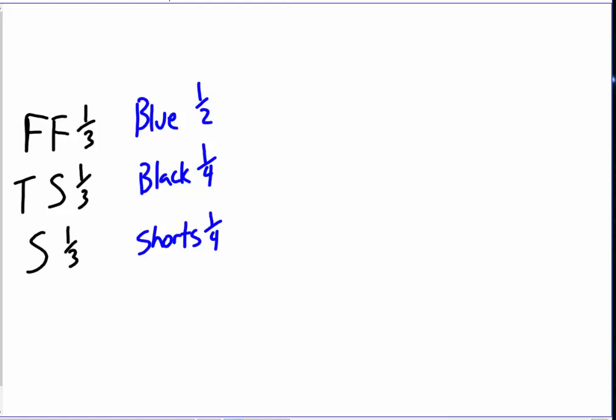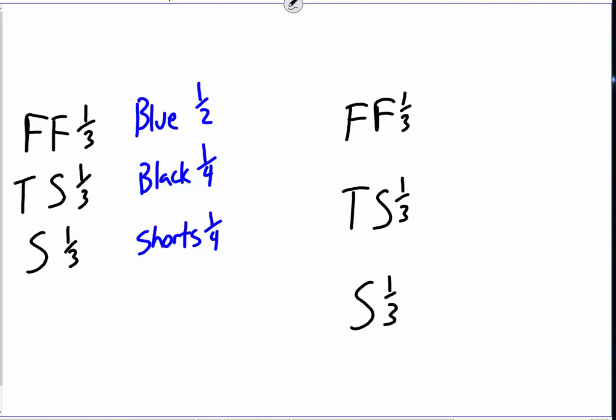So I'm going to make a little tree. So I'm going to go, okay, flip-flops, tennis shoes, and sandals. And I'm going to put 1/3 on each of those. Okay.